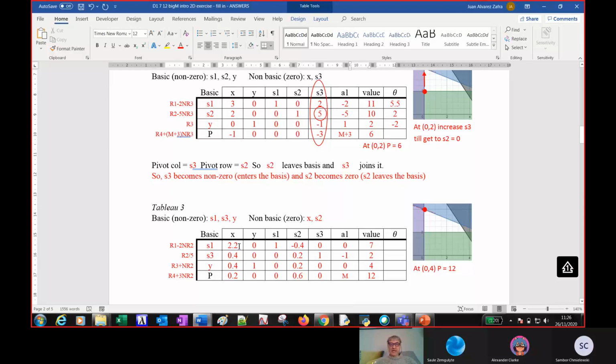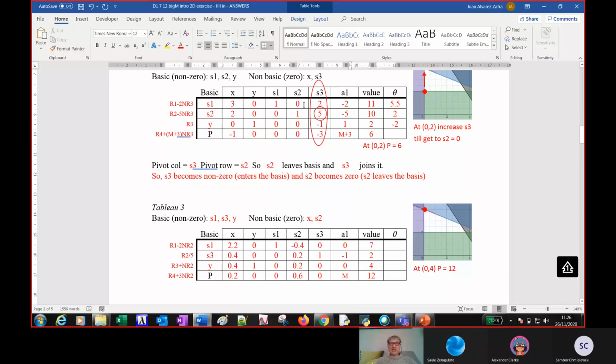So if we do that, row 1 contains a 3, new row 2 contains a 0.4, so we're going to take 3 and subtract twice 0.4 to get 2.2, because 3 take away 0.8 is 2.2. And now 0 take away twice 0 is 0. 1 take away twice 0 is 0.